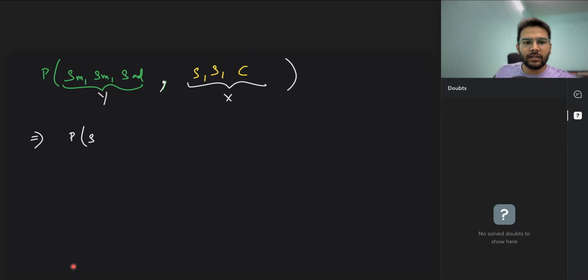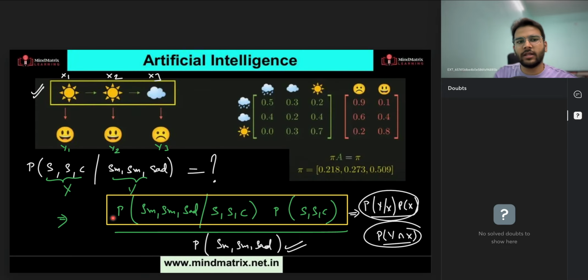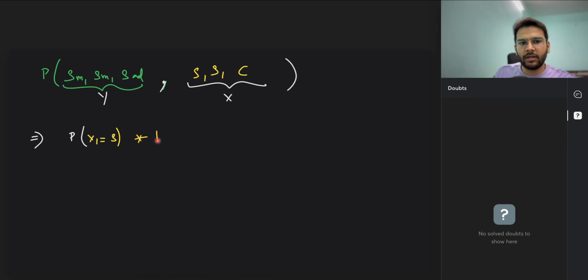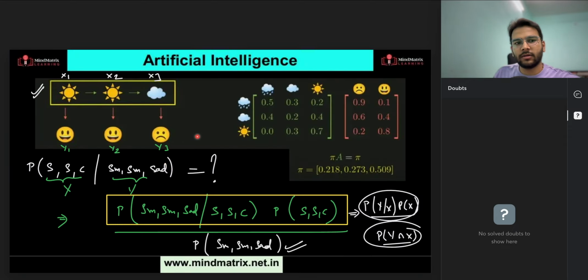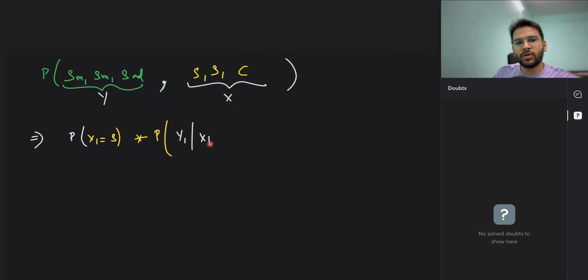So now I can write: probability of x1 as sunny, the same formula, nothing else. Probability of y1 given x1. I'm writing directly; you can substitute the values, because this is y1, y2, y3, and this is x1, x2, x3. So I'm not writing it completely, just the formula.